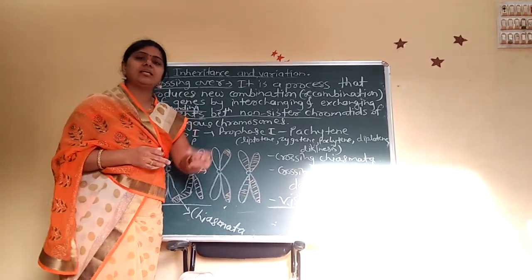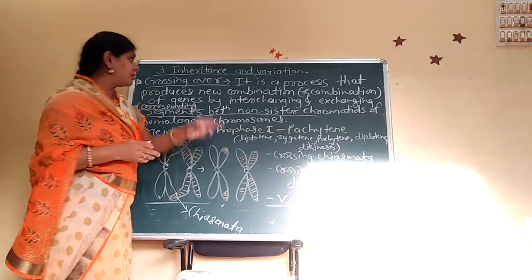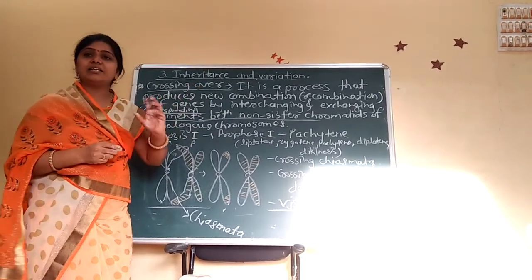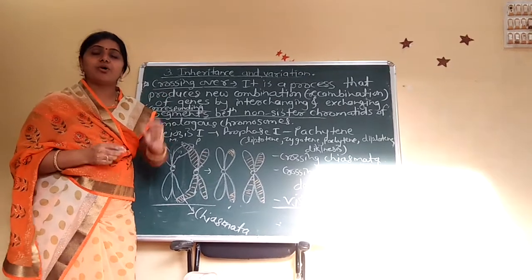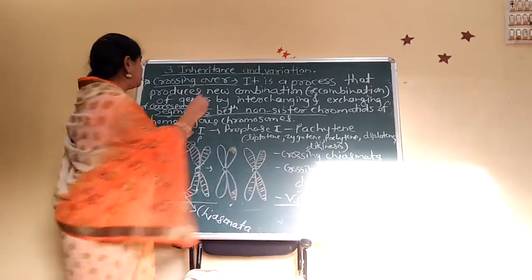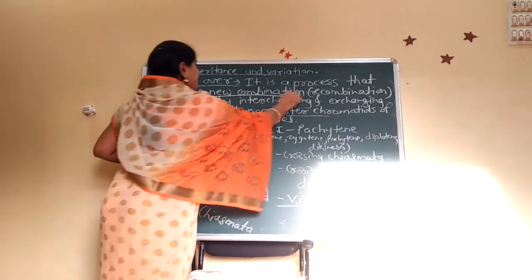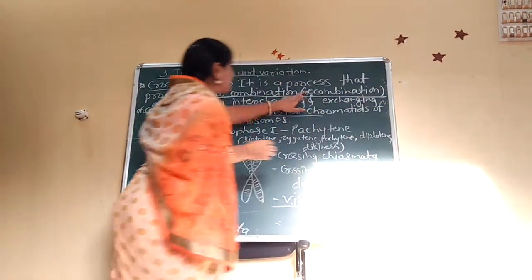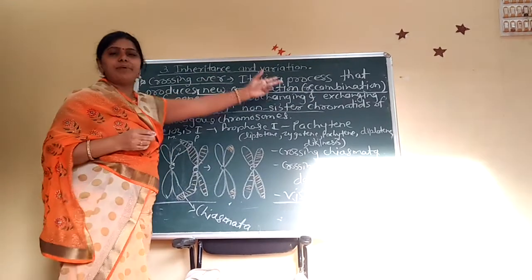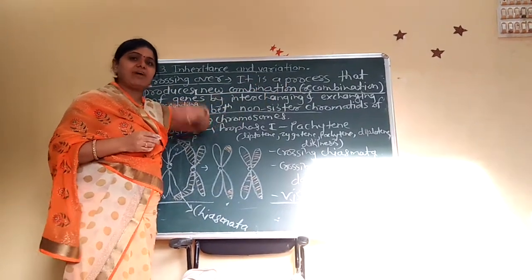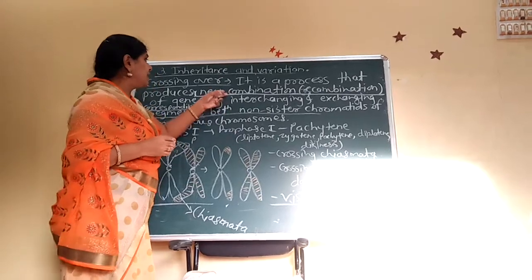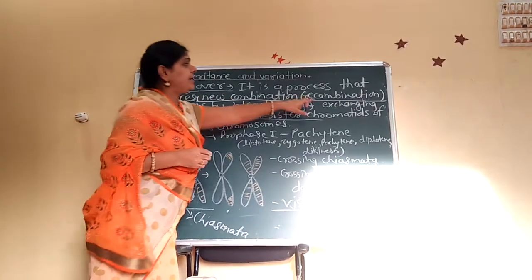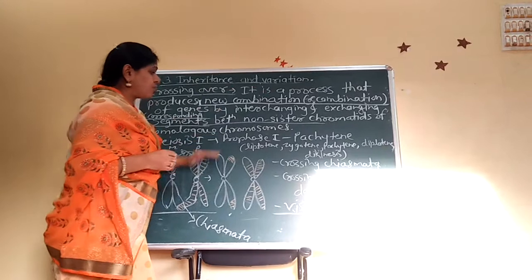One main thing formed because of this crossing over is the recombination or new combination of genes. A new variation is produced, that is the new combination or recombination. This is crossing over.